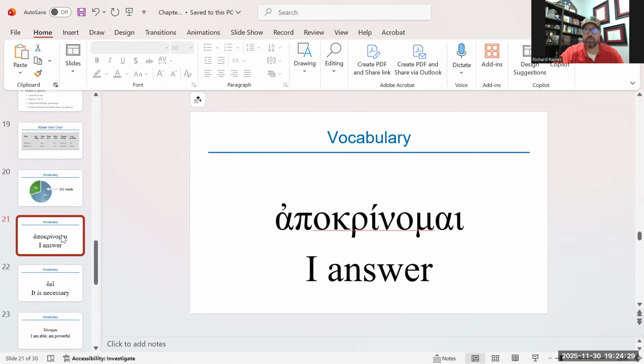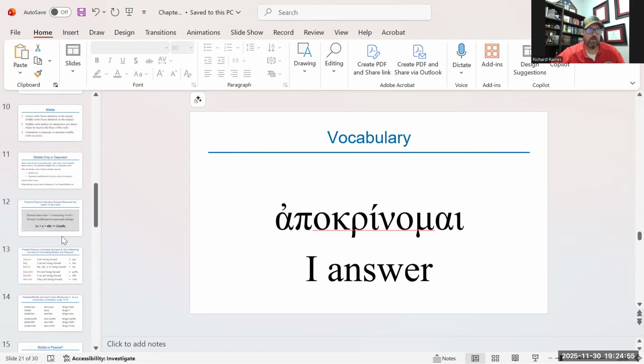So this would be first person singular. It would be passive. I'm sorry, it'd be present middle indicative. You put present middle or passive indicative, first person singular. Lexical form is apokrinomai. So your first vocabulary word is an example like erchomai. So apokrinomai means I answer.